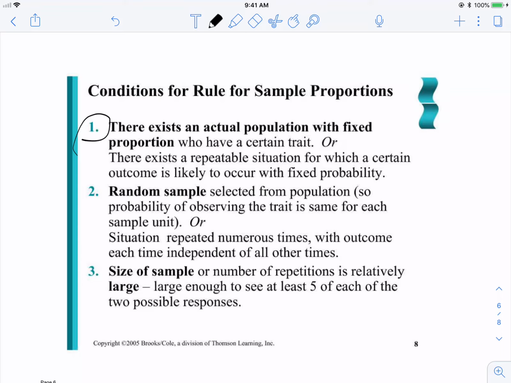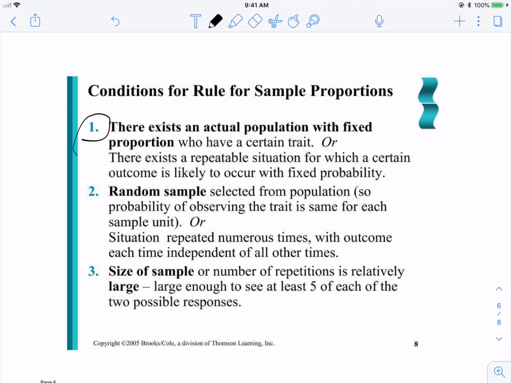The second condition that needs to be met is that you need to be taking this sample randomly. It doesn't have to be a simple random sample. However, you could use those stratified methods, systematic methods, all those different techniques that we talked about in the first semester to select your sample from the population.